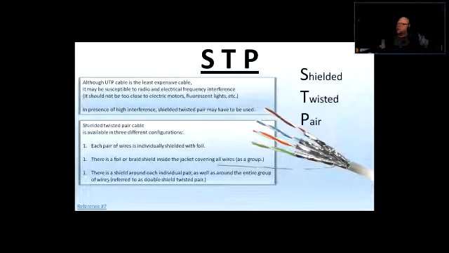And sometimes you get the double whammy here, which would be there's a shield around each individual pair and there is one more common shield. So that's for places with high interference, and depending on the environment and the situation, sometimes you have to use one or the other. And of course, the shielded twisted pair is more expensive and more time consuming to install than the unshielded twisted pair.